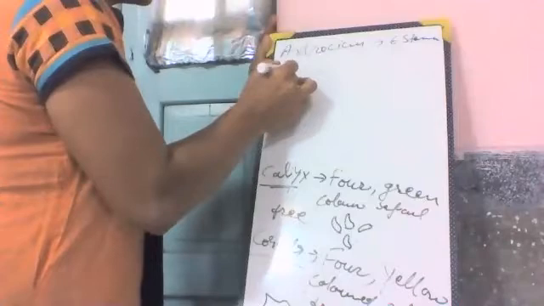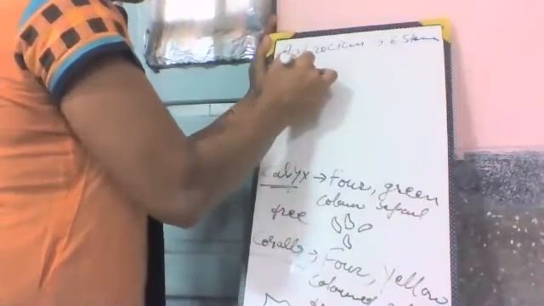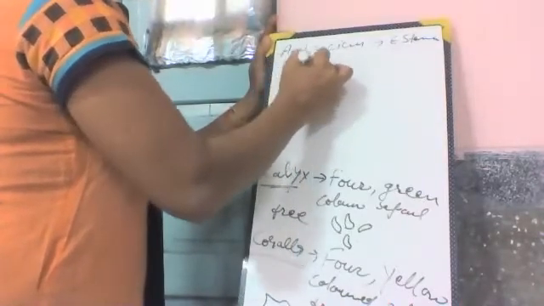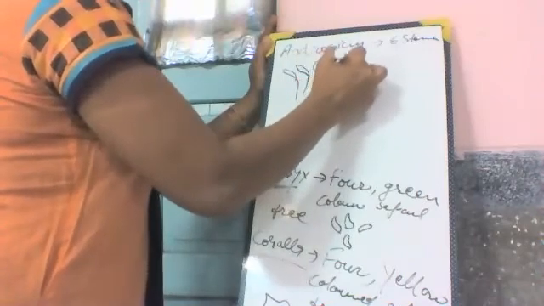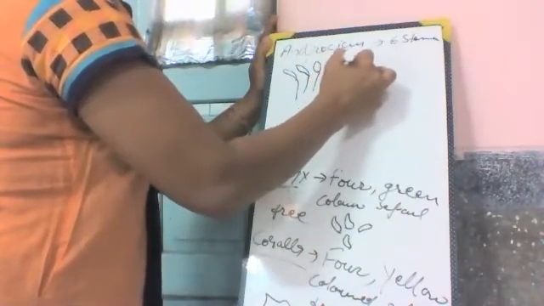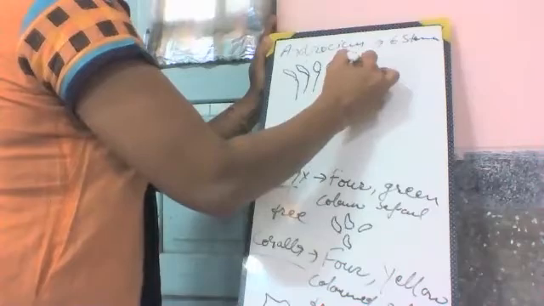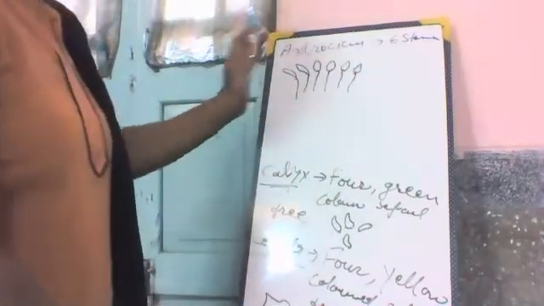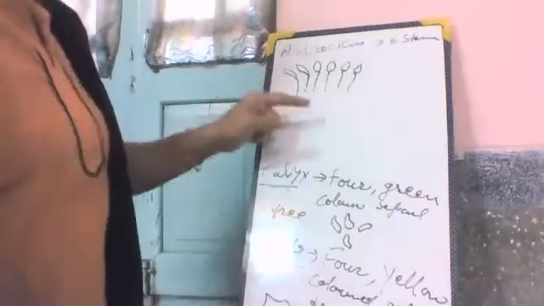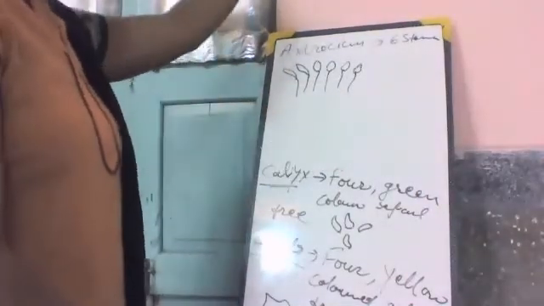What are the stamens? These are the stamens. One, two, three, four, 5 and 6. 6 stamens are present in androecium.